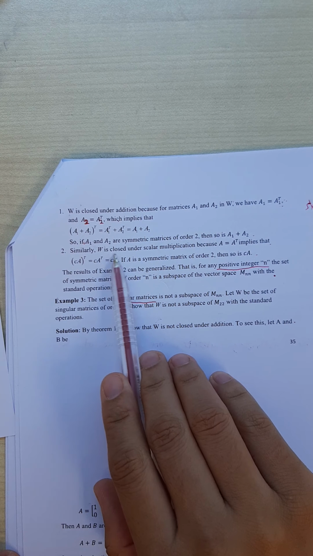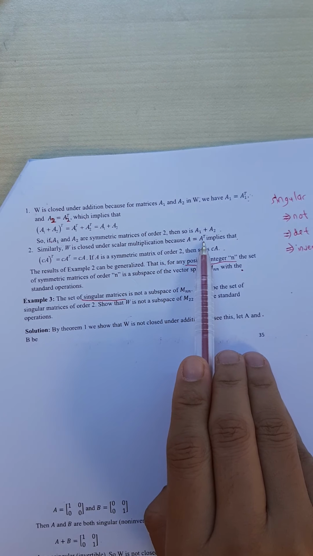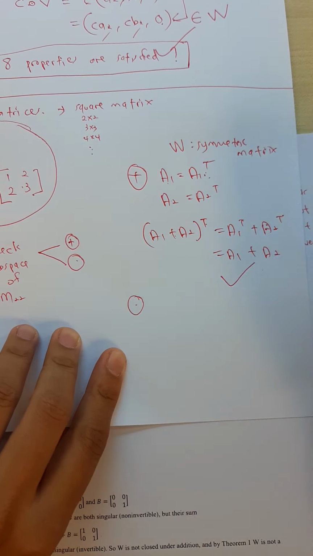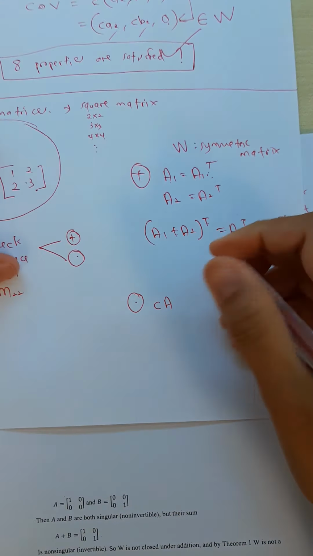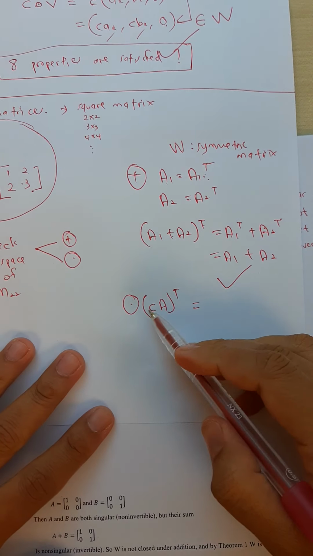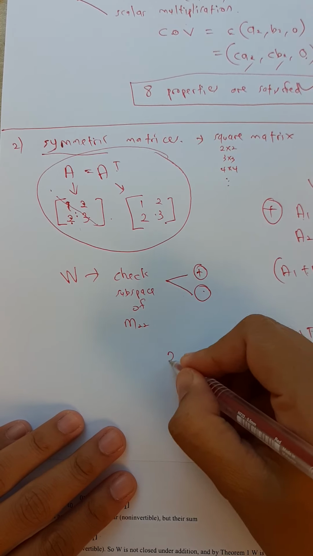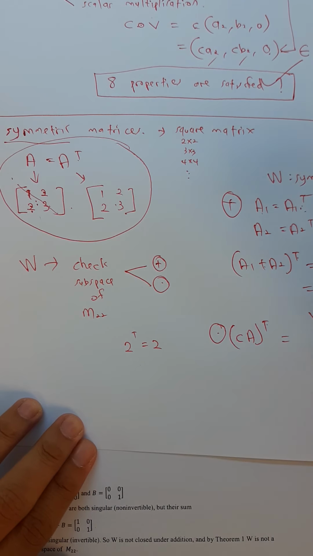Similarly, W is closed under scalar multiplication because A equals A transpose. For the scalar multiplication part, let's say you have C A, transpose. What is this equal to? I think I've mentioned before that if you have a number and you transpose it, you still get back the same number, because this is a scalar. It's different from when you're dealing with a matrix.